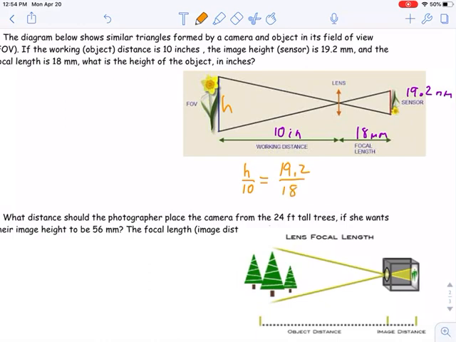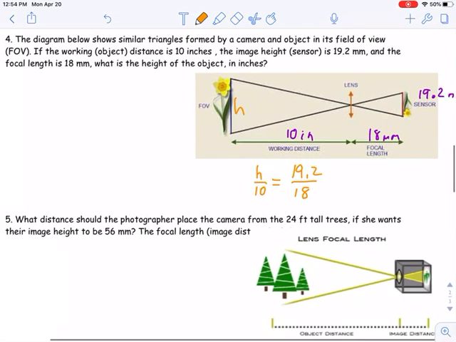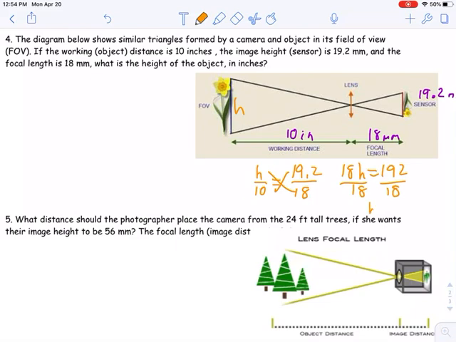All right, I'm not sure if this was drawn to scale, but regardless. All right, we're going to cross multiply: 18h equals 192. Divide both sides by 18. H equals 10.7. That's it. All right, that's the punchline.